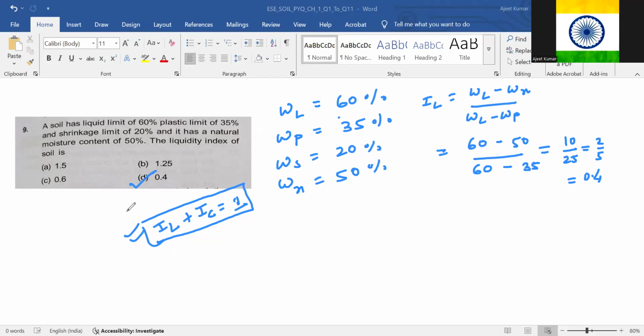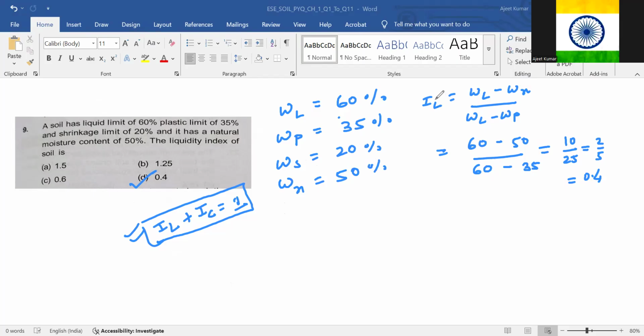I think this solution is not correct. Oh, my mistake. I'm sorry, this is a wrong solution.